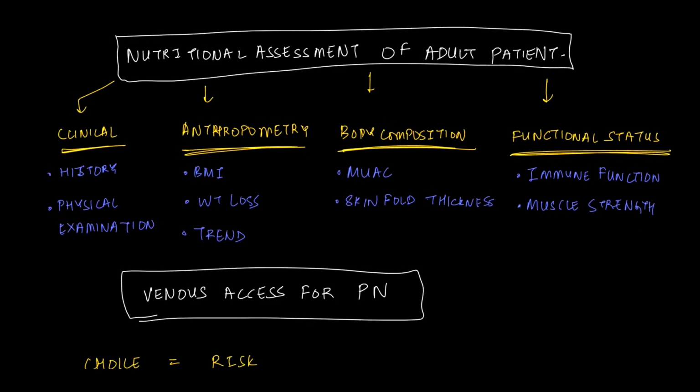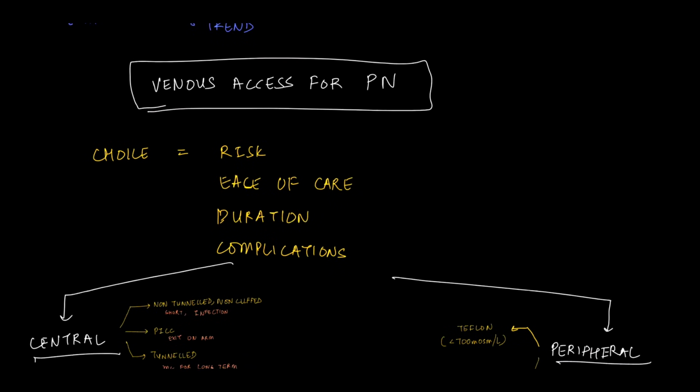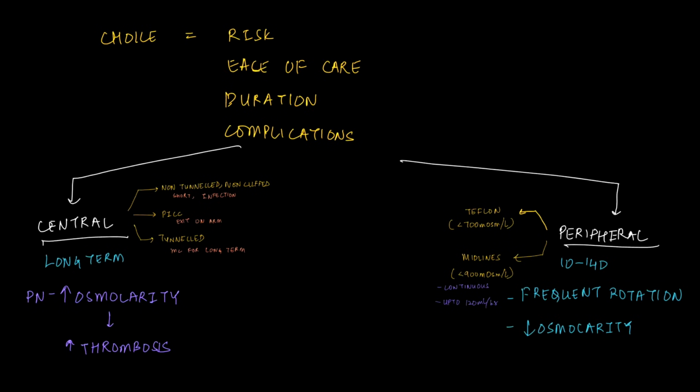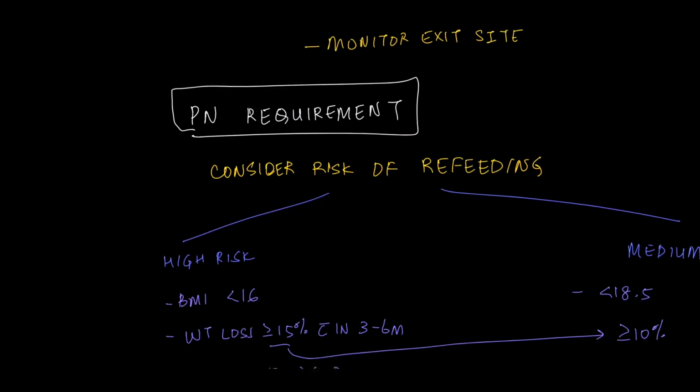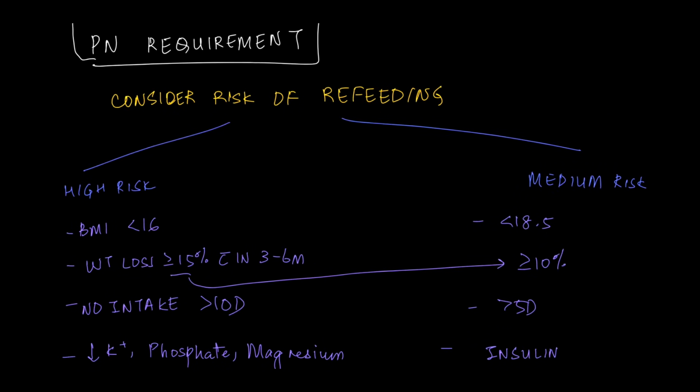The nutritional assessment of the adult patient via clinical anthropometry, body composition, and the functional status. The venous access for a parenteral nutrition, which can be central or peripheral, and the requirement for each of these.